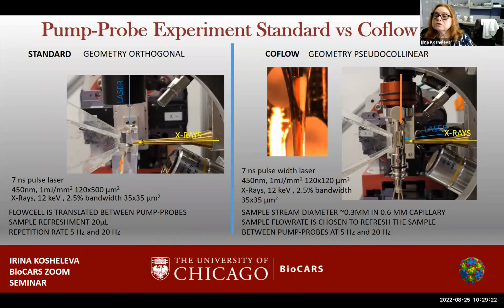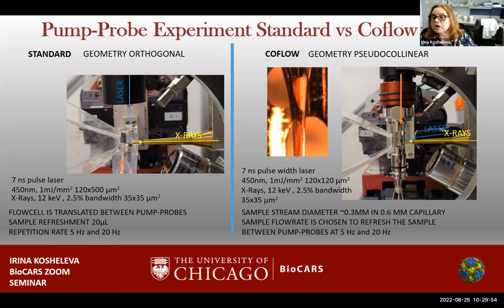single bunch measurements. This is a standard co-flow cell setup where there is a co-flow. The laser was used in the collinear geometry, and X-rays, we cannot modify the X-ray direction. So it's about 15 degrees between the laser and X-rays. The laser beam was 120 by 120 micrometers, and it was delivered through the fiber, and then we used the focusing optics to focus it at the sample position.